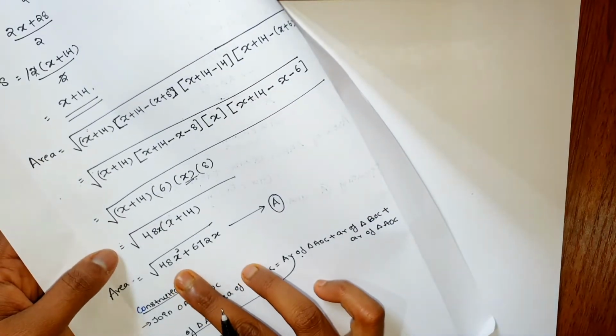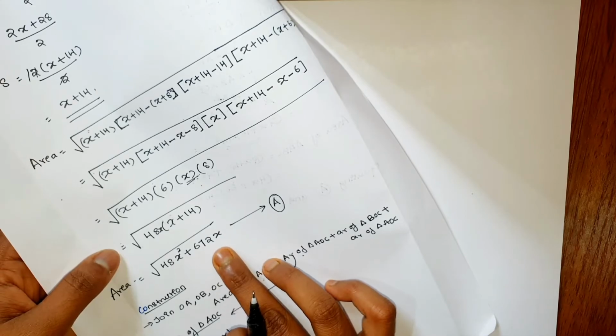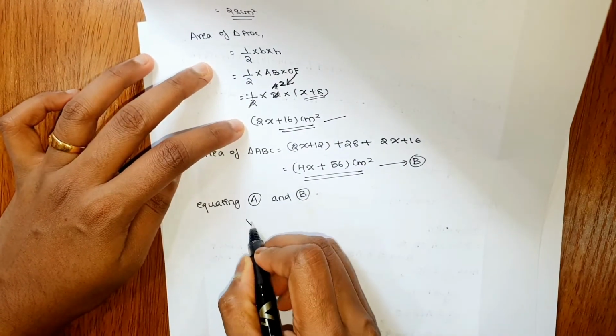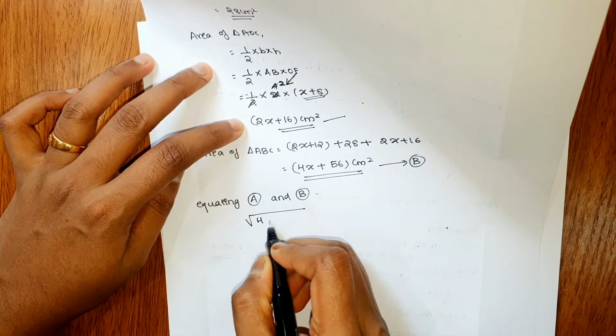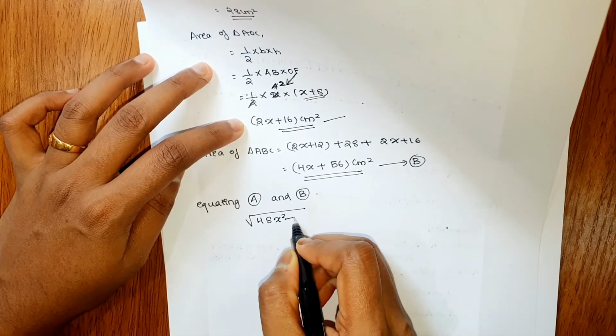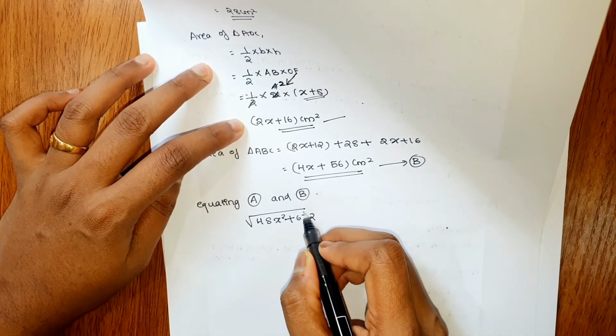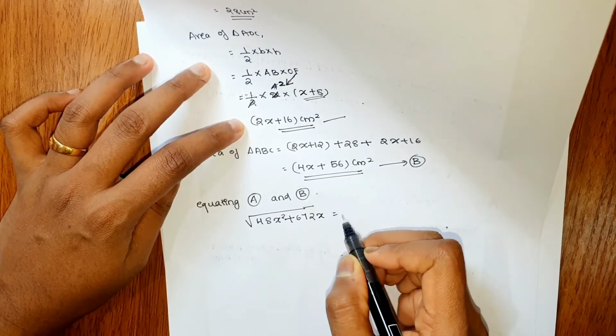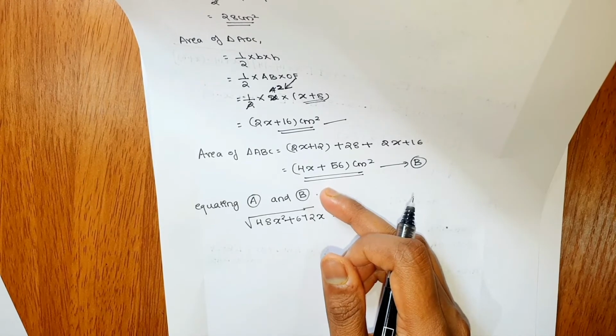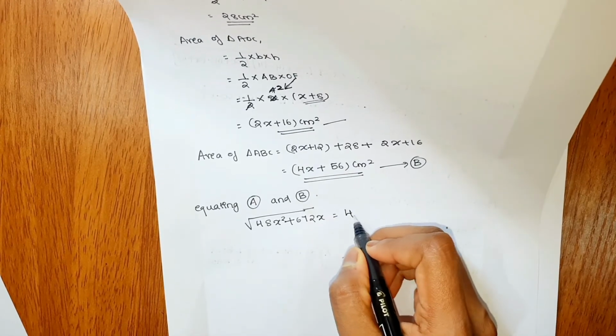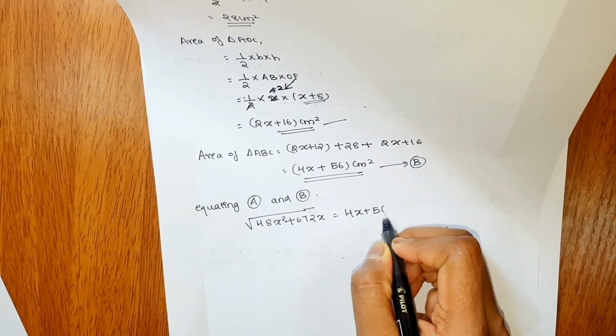A is root of 48x square plus 672x. So, root of 48x square plus 672x, that is equal to this area. This area is 4x plus 56.